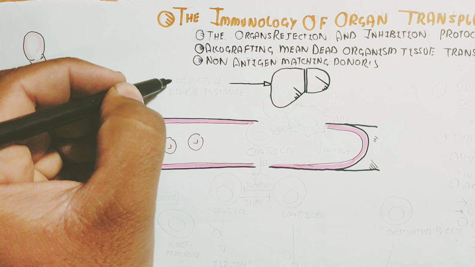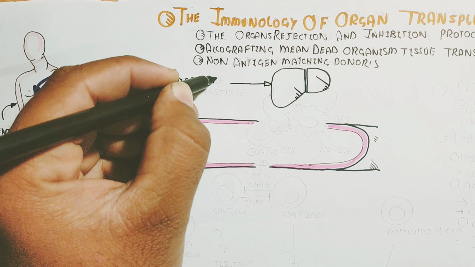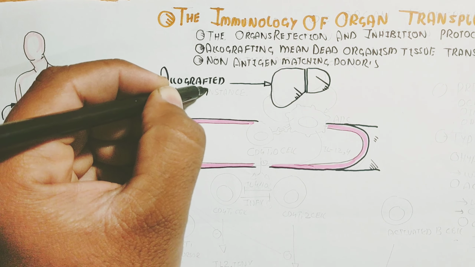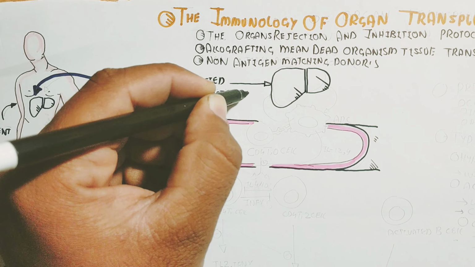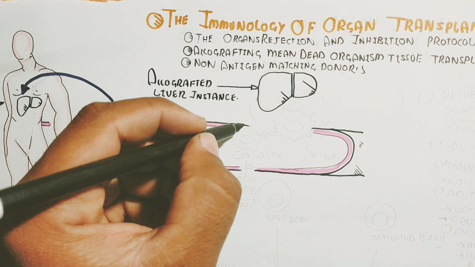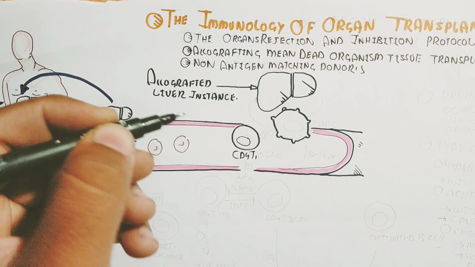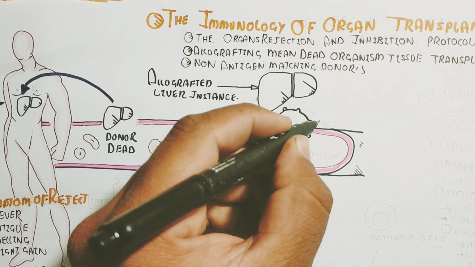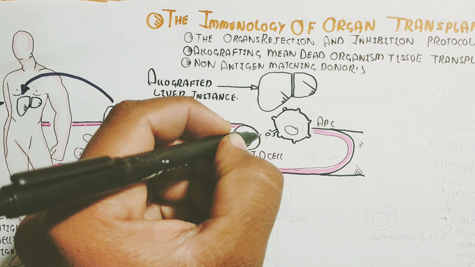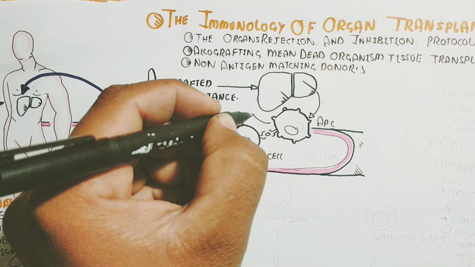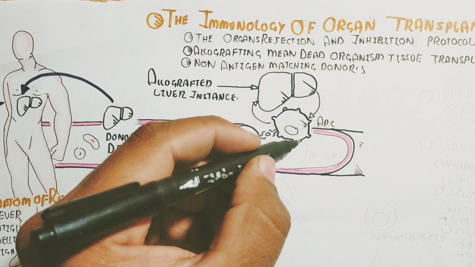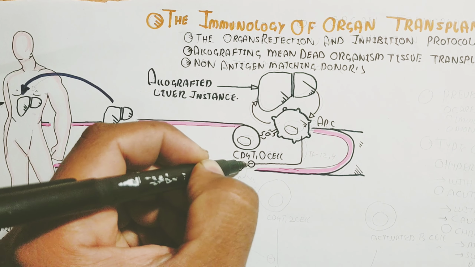The important thing to understand is the allografted liver, for instance, whenever you implant it. This is a blood vessel of the donor. The antigen presenting cell will present the antigen after checking the antigen of the allografted liver.